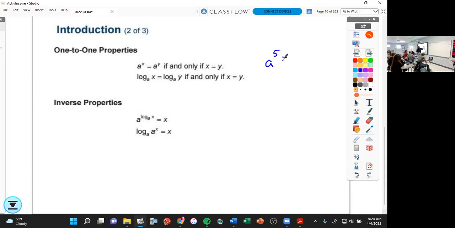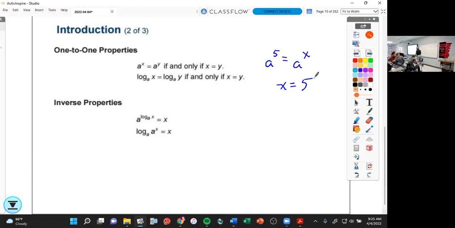A to the 5th equals a to the x means x equals 5, right? When the bases are the same, then the exponents have to be the same also. Log base a of x equals log base a of y if and only if x equals y. So those are the very simple ones, one-to-one.